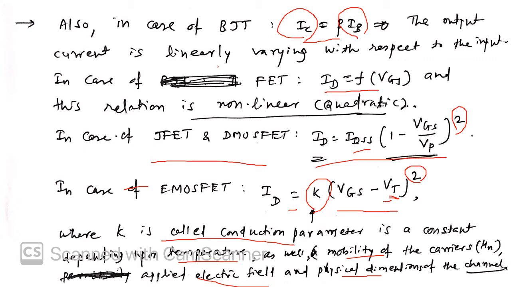So the only variable is VGS, and ID depends on the square of VGS in this equation, and similarly in the other equation. So in both cases, whether it is JFET, D-MOSFET or E-MOSFET, or in general any FET, ID is non-linearly proportional to VGS, the controlling parameter, and the non-linearity is actually quadratic. Fine.